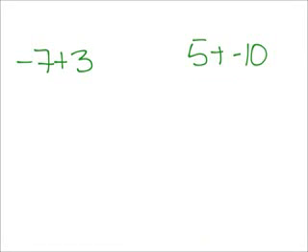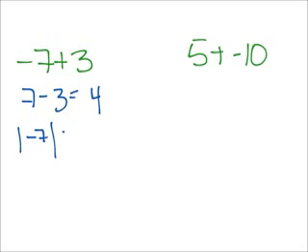So my first step is to change it to subtraction. So I'm going to do 7 minus 3, and this gives me 4. Now I want to take the sign of the biggest absolute value. So the absolute value of -7 is 7. The absolute value of 3 is 3. So whichever one is bigger of those is the one I'm going to use.